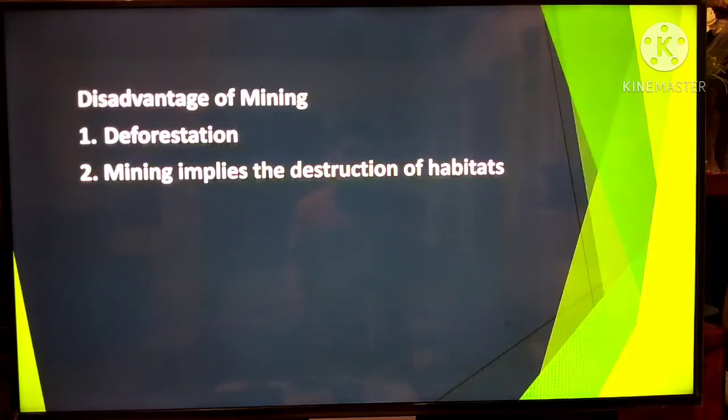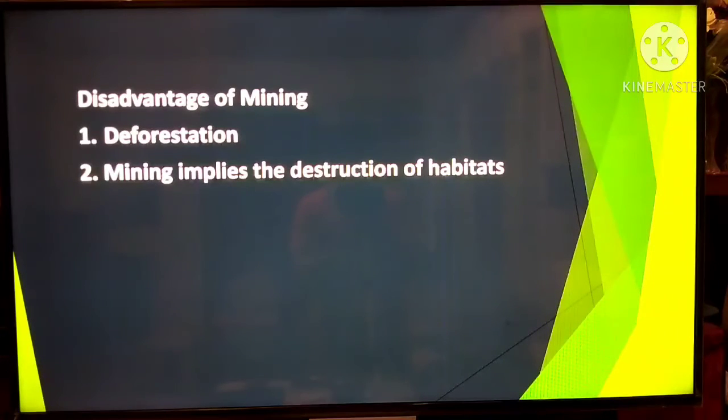Next, mining implies the destruction of habitats. Well, when mining deforests our trees in the mountains, it will eventually affect the habitats of the animals and also the plants. Since mining implies the use of large areas of land and often significant deforestation, habitats of many animals and plants will be destroyed. This implies that many animals will have to relocate to survive.